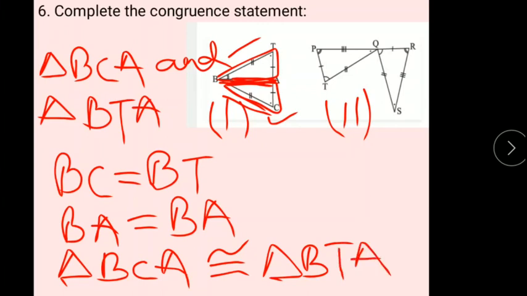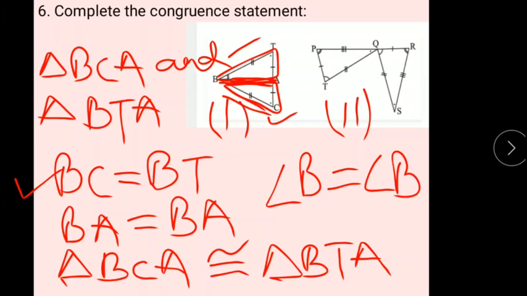One thing I forgot to mention here: angle B is equal to angle B, because to make any triangle congruent you need to have three points. One point we have mentioned is that BC is equal to BT.